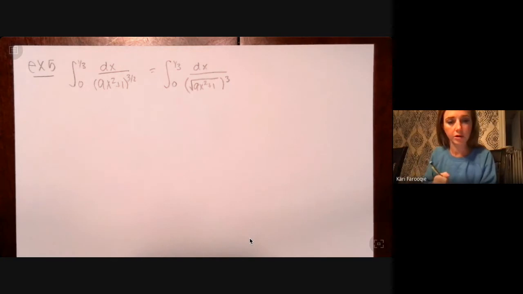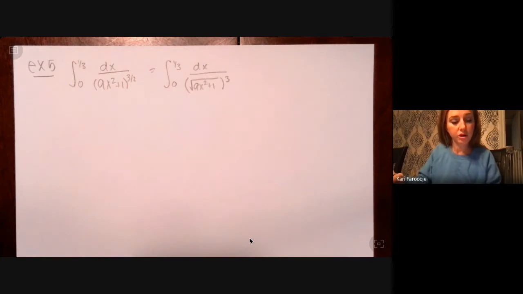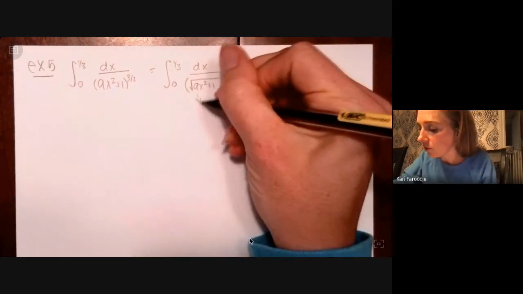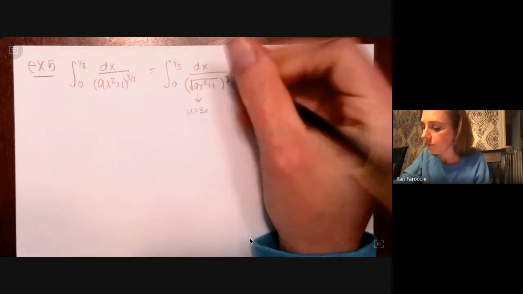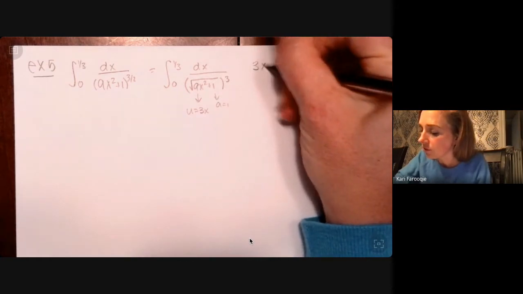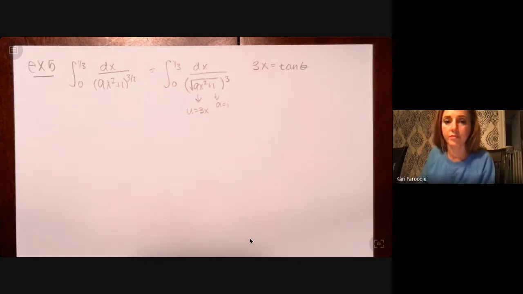If you find that to be the most accessible way, then be my guest. The plus variation leads us to say that u is going to be a tangent theta. In this case, u is 3x, and a equals 1. So u equals a tangent theta.